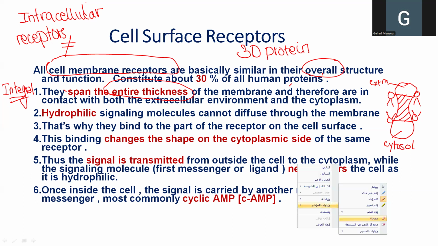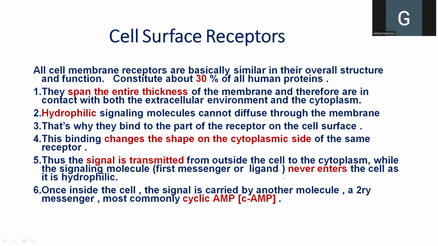Peptide hormones and peptide signaling molecules, which represent the majority of signaling molecules, are hydrophilic. And therefore, as we said, they will find difficulty diffusing through the hydrophobic interior of the membrane. That's why they will bind to the receptor.